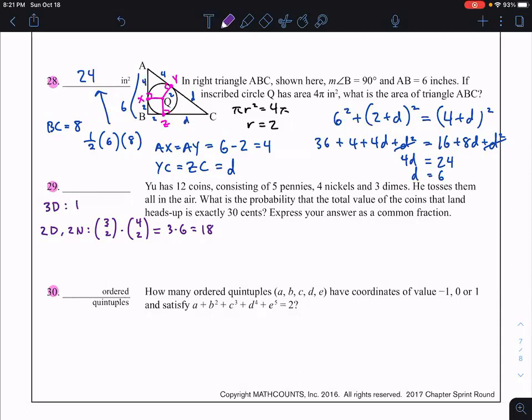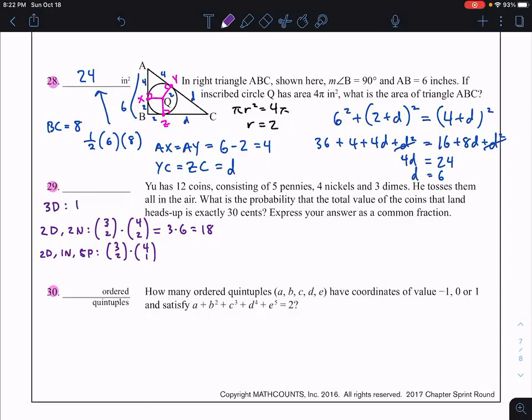Next case, you can get 2 dimes that are heads, 1 nickel that's a head, and 5 pennies that are heads. In this case, you do 3 choose 2 again to choose which 2 dimes are heads, and you do 4 choose 1 to choose which nickel gets heads.